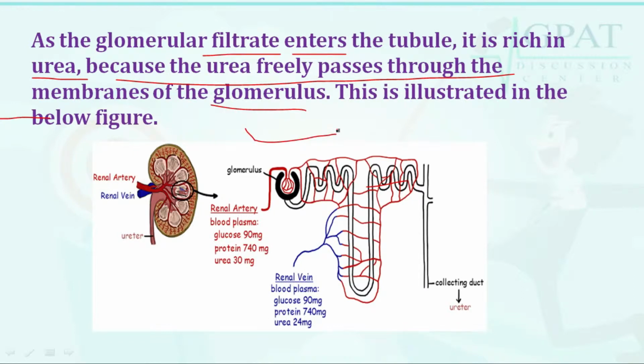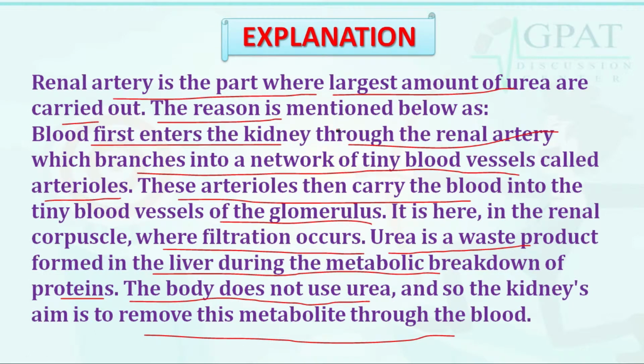Students, again observe that the renal artery is the part where the largest amount of urea is carried, and the reason is that blood first enters the kidney through the renal artery, which branches into a network of tiny blood vessels called arterioles, and these arterioles then carry the blood into the tiny blood vessels of the glomerulus.